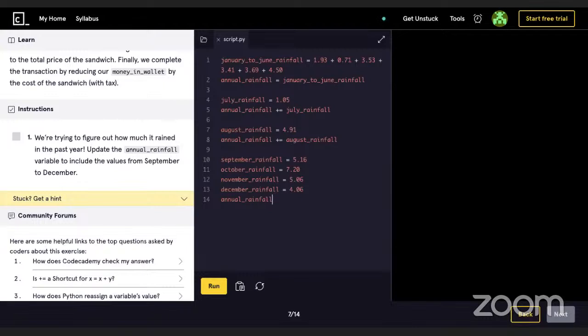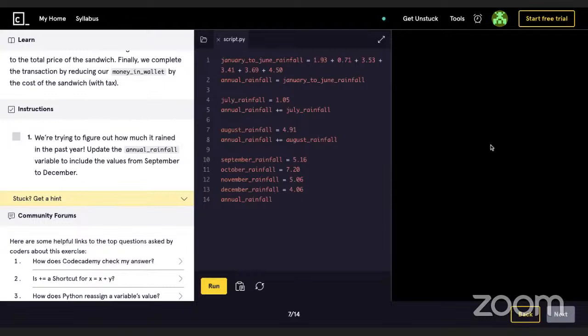You need a space first. Wait, I'm trying to figure out what happened here. So leave a space and then plus equals. Can you please reset your workspace?